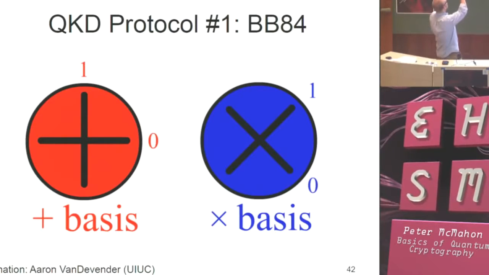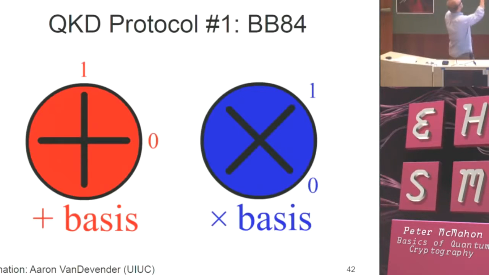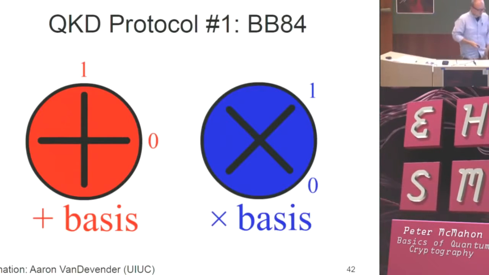Then there's the diagonal and anti-diagonal basis, where you see these diagonal and anti-diagonal lines. In this notation, the horizontal polarization is a 0, the vertical polarization is a 1, the diagonal polarization is a 1, and the anti-diagonal polarization is a 0.